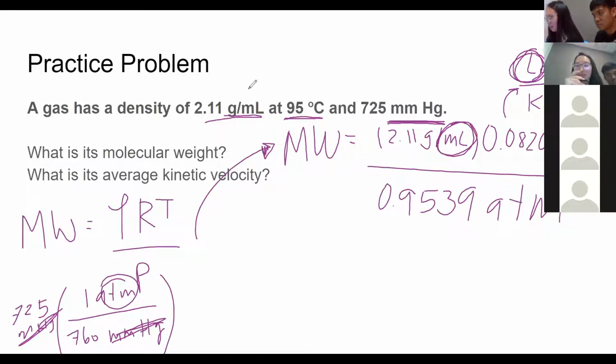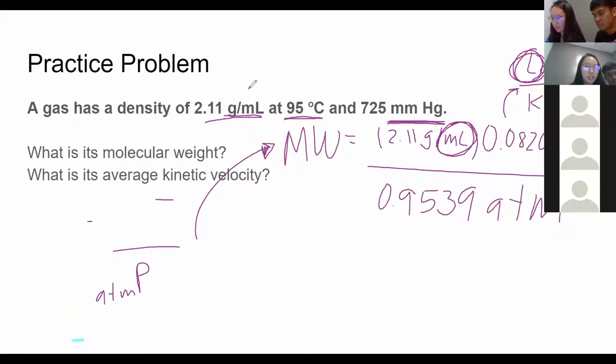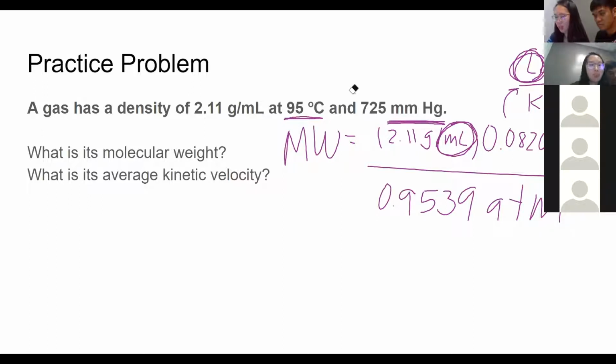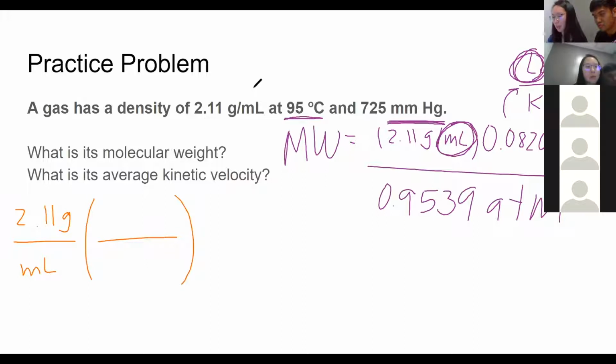So let's convert density to the correct units. We have 2.11 grams per ml, but we want liters. So how do we do that? To cancel ml, ml needs to go on top and liters on the bottom.